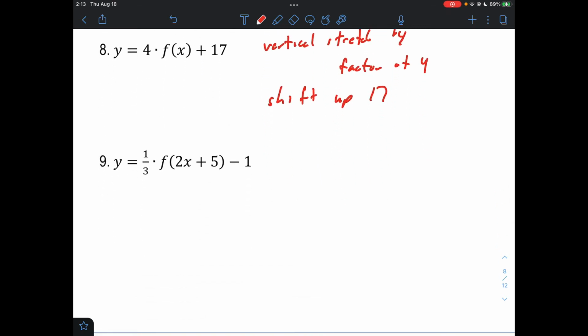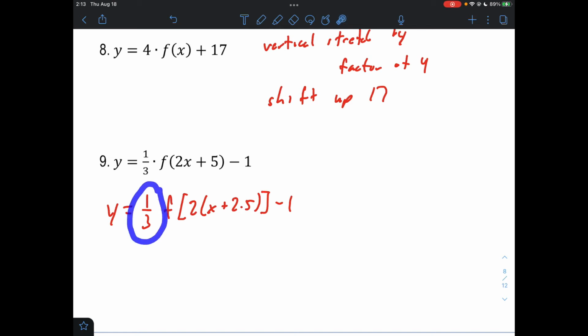This final one's tricky here. We have this equation. The first thing we actually need to do is to factor out a 2 like so. There's actually 4 transformations taking place here. 1, 2, 3, 4. So the order for these is going to be, first we're going to shift left 2.5 or 5 halves.